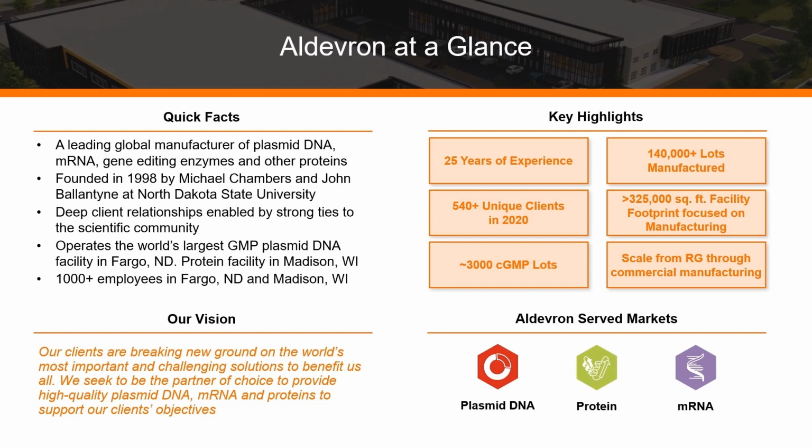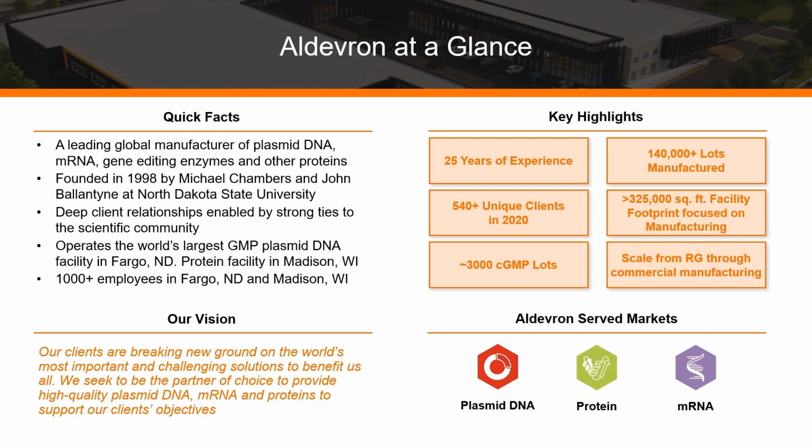Aldevron was founded in 1998 on the campus of North Dakota State University by Michael Chambers and John Valentine. Aldevron currently is a leading global manufacturer of plasmid DNA, mRNA, gene editing enzymes, and other proteins. We're at a very interesting time in Aldevron's life. We have grown to be the world's largest GMP plasmid DNA facility, with headquarters still today in Fargo, North Dakota.